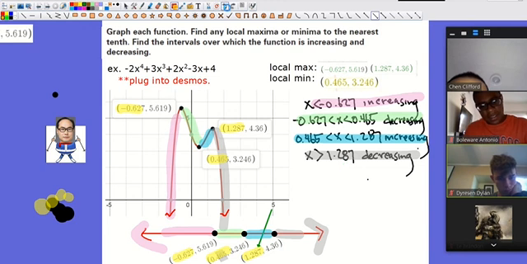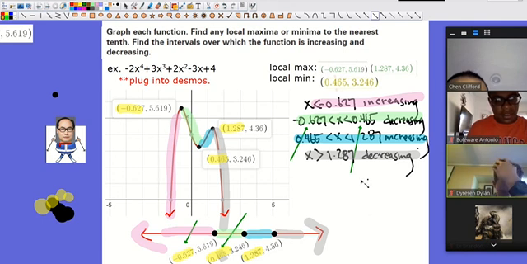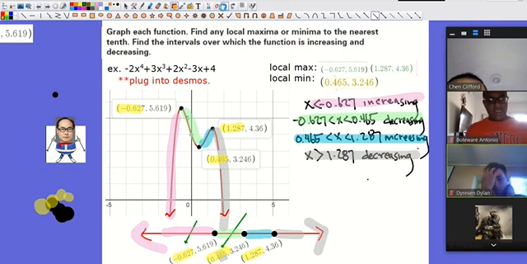Now, the green touches 2 x values, or 2 points, and therefore you write down 2 x values right there. And it's decreasing. The blue touches 2 points, so therefore you write down 2 x values right there.